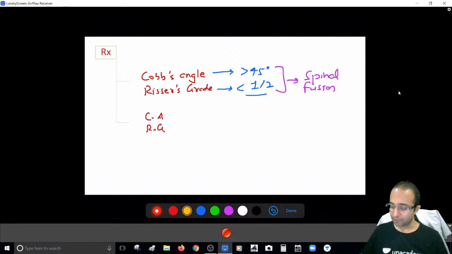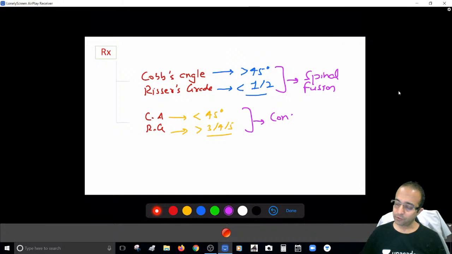But there may be another scenario where you find the Cobb's angle is less. It's not a severe curve. And where you find the Risser's grade is also grade 3, grade 4, grade 5, a little towards the higher side. So not much growth is still left and pending. This is the scenario where you can opt for conservative treatment.